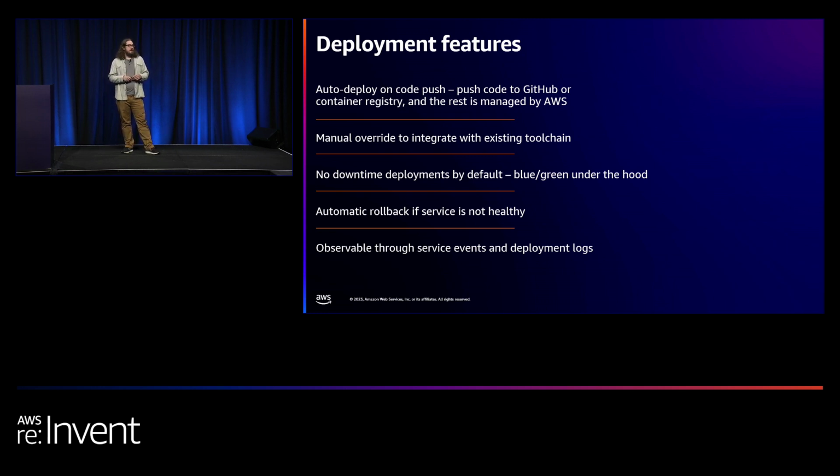Another thing that's built in automatically is rollbacks. So if you're rolling out a piece of code to a server and that code is malfunctioning and crashing, ideally you want to catch that crash and handle it gracefully. If you were orchestrating a deployment by hand, manually SSHing into a machine, loading the new code onto it and then starting the new code up, you would have to be monitoring that with your own eyes.